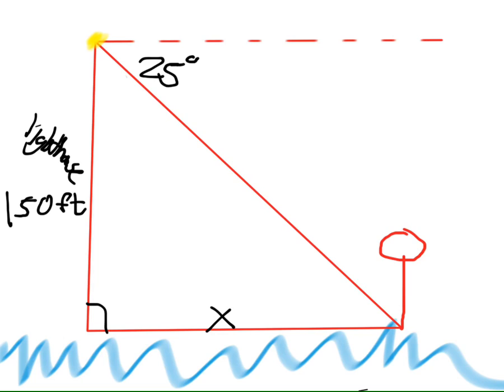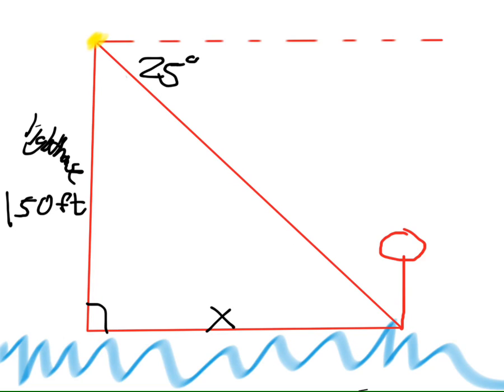Everybody agree with that picture so far? Now, there's two different ways I can go about solving this, because I have a right triangle here, right? But I only know the 90-degree angle of this right triangle right now, right?